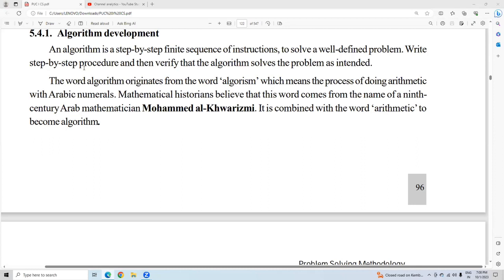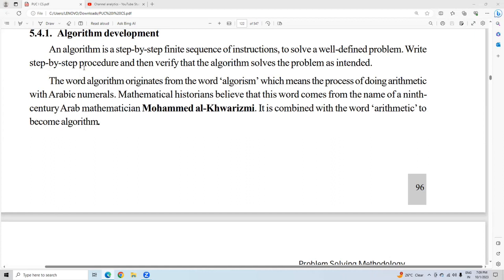So we assume that the word algorithm has been derived from algorism, which means the process of doing arithmetic calculations. But in addition to it, we have attached many words, right? So now here, algorism is the word from which algorithm is created. And what is algorism? It stands for the process of doing arithmetic in Arabic numerals, right?